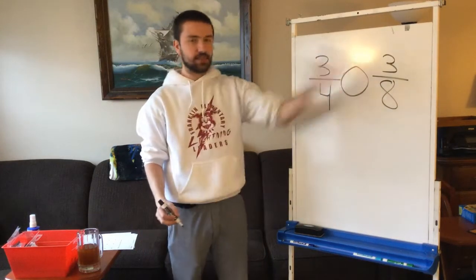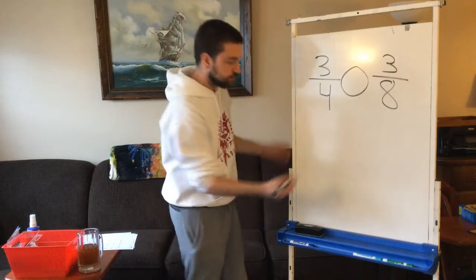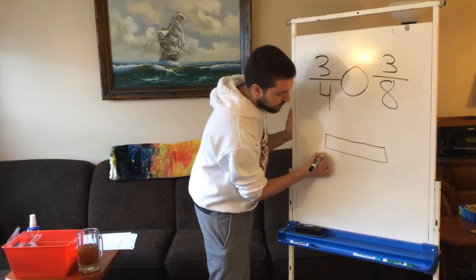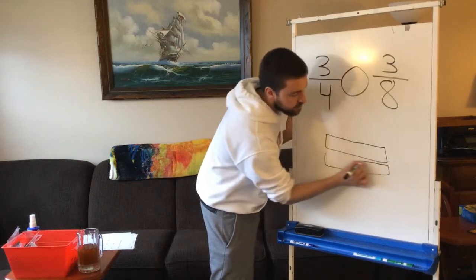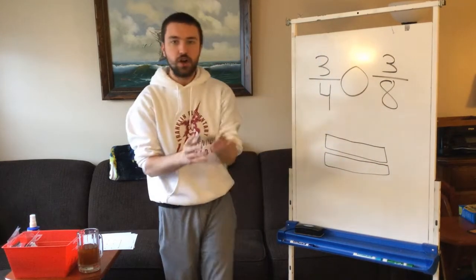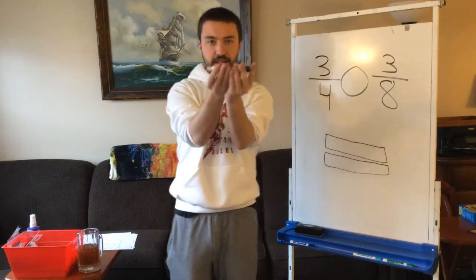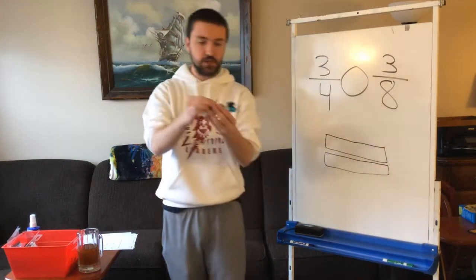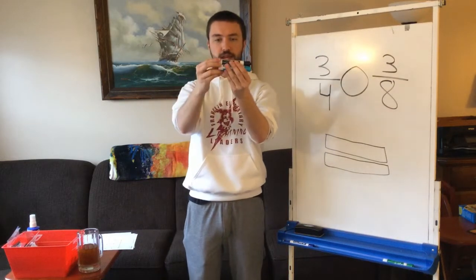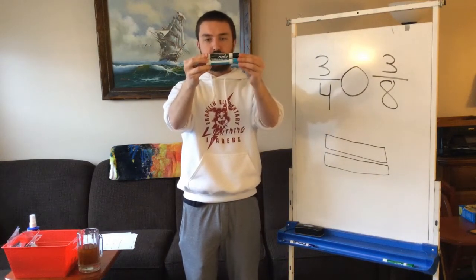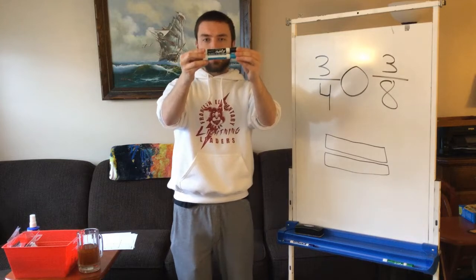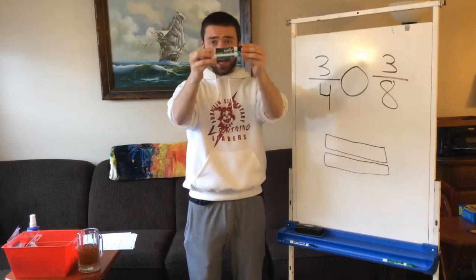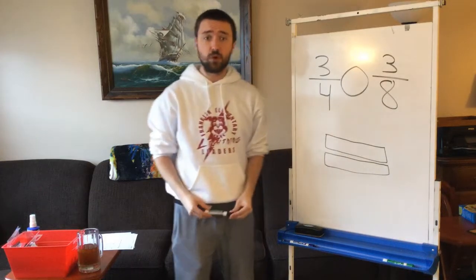Because if we were to look at this in a picture, we would need 2 rectangles that are the same size because we're comparing these fractions, which means we had to start with a complete thing that is the same size. 2 things that are the same size. But what I'm doing is I'm saying maybe I'm breaking up the black marker into 4ths and the blue marker into 8ths and taking 3 pieces from each of those, and I want to see which one I have more of.